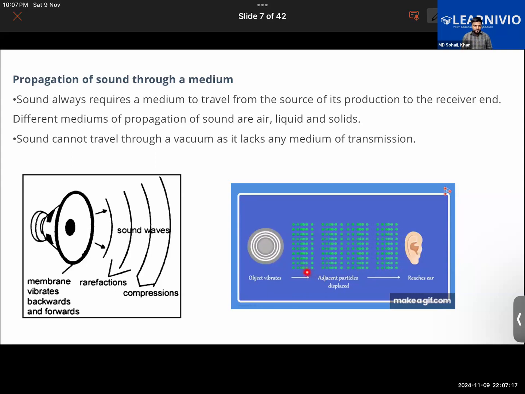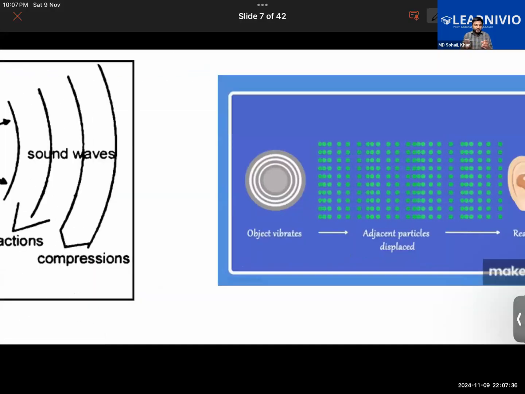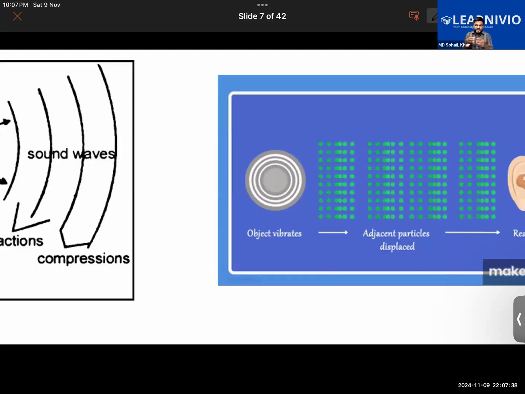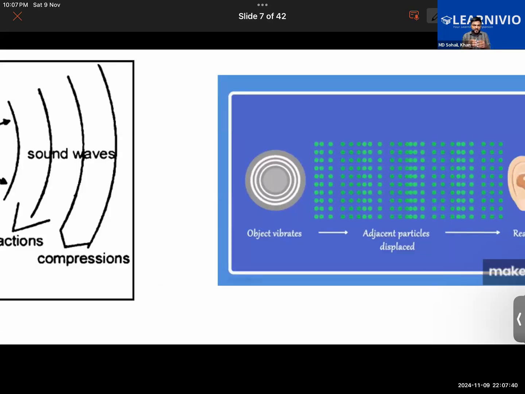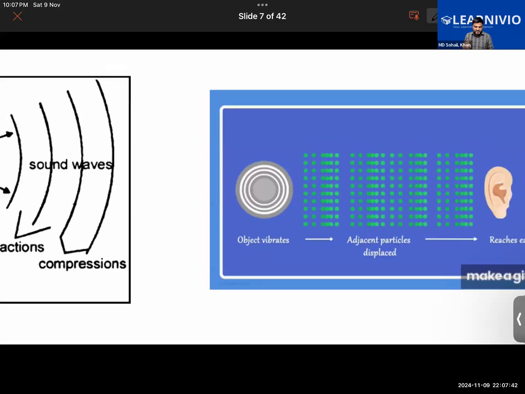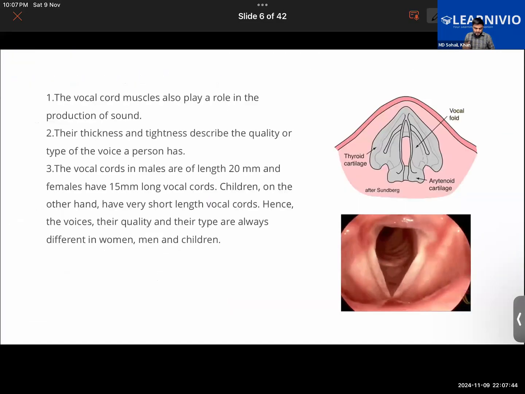So whenever an object vibrates, it creates disturbance in the air particles, and the air particles also start to vibrate. Because of the vibration of the air particles, sound is produced. Basically, the air particles collide against each other, and because of that, sound is produced.